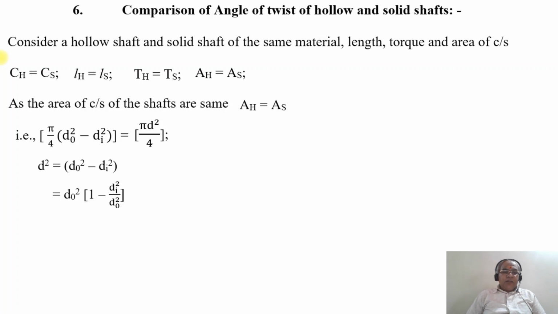By taking d naught square as the common factor, d naught square into 1 minus di by d naught the whole square. So that will be equal to d naught square into 1 minus k square, so d will be equal to the square root of d naught square into 1 minus k square, which is d naught into the square root of 1 minus k square, where k will be equal to di by d naught.